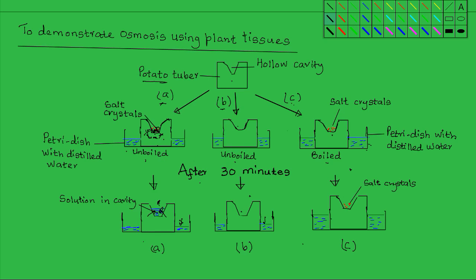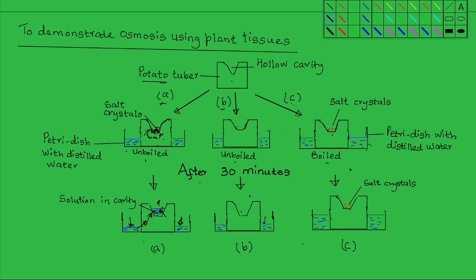In the second tuber, we see that no solution forms in the cavity, but the water level reduces slightly in the petri dish. Now, how is that? This comes about because the cells in the potato tuber are hypertonic to the distilled water in the petri dish.